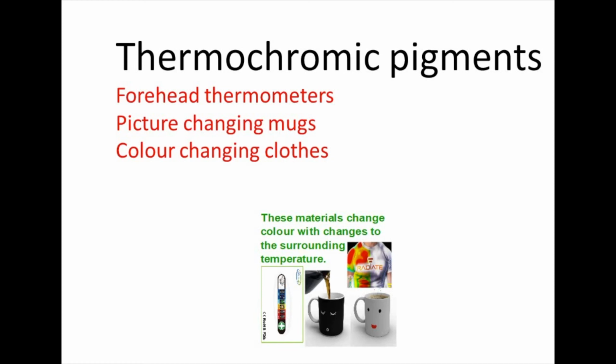These are used in forehead thermometers, picture changing mugs, colour changing clothes. So this is thermo, so this is heat. Heat will alter the change in colour on the picture or on the clothes. So it will tell you your temperature. You get a different face on a mug, and it can show you where you're heating up on your body.